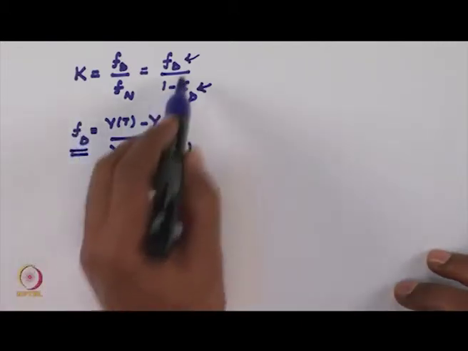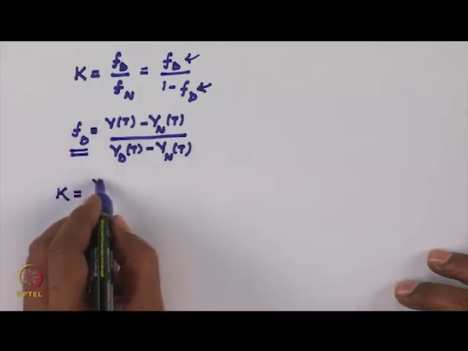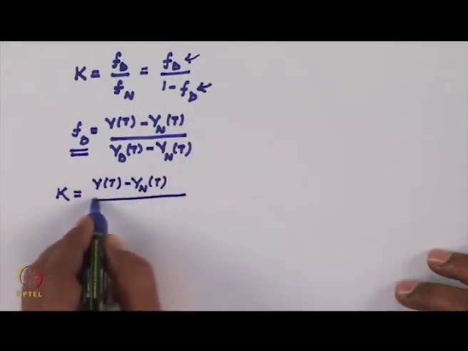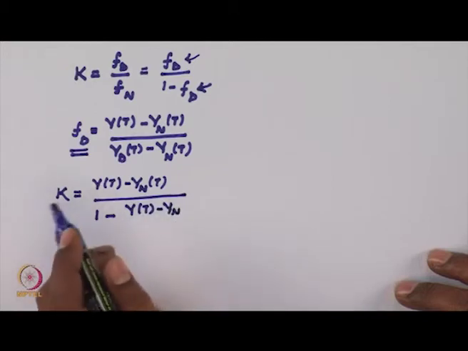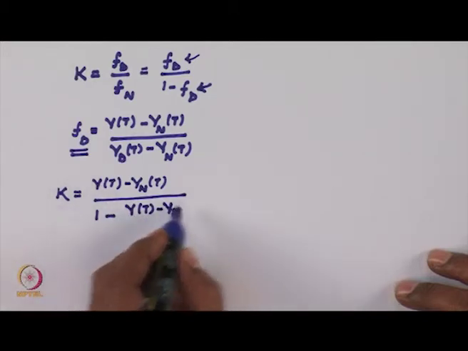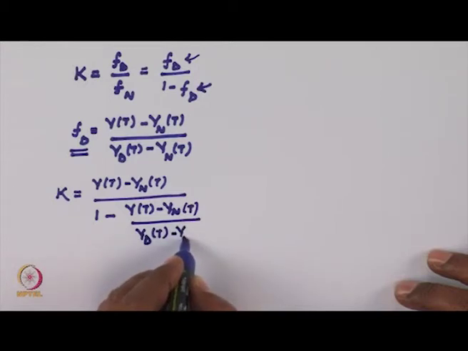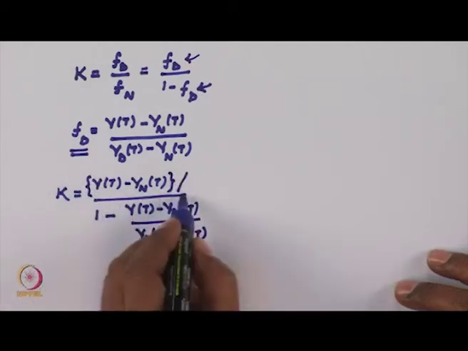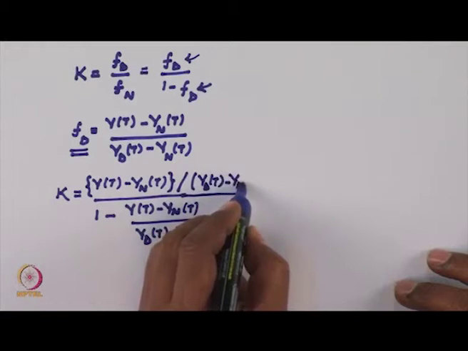Once you substitute, K is equal to Y at T minus Yn at T over 1 minus Y at T minus Yn at T, divided by Yd at T minus Yn at T. Obviously the numerator also has to be divided by Yd at T minus Yn at T.